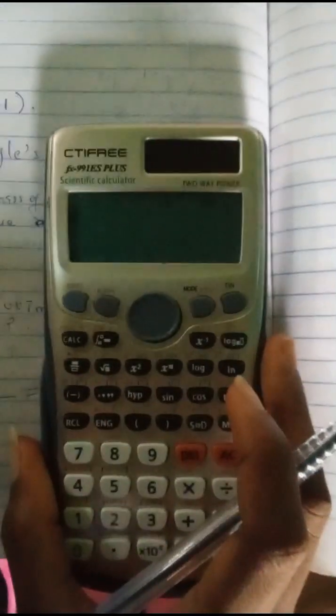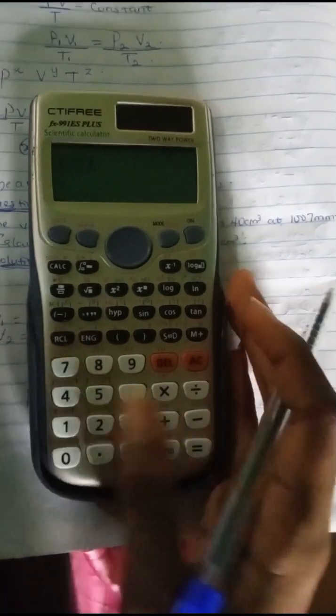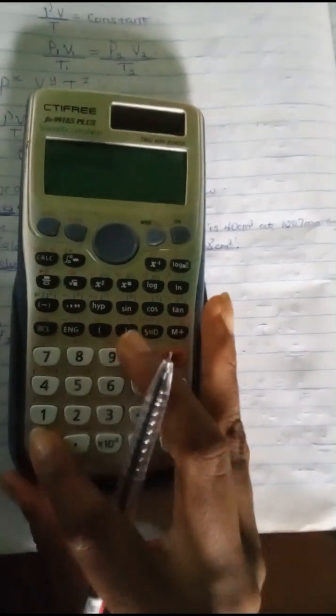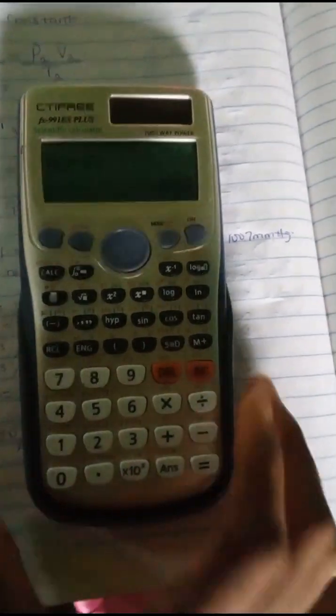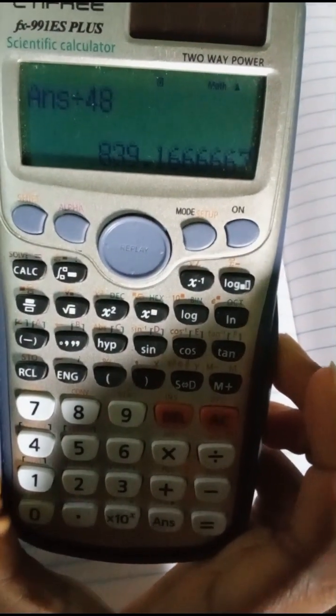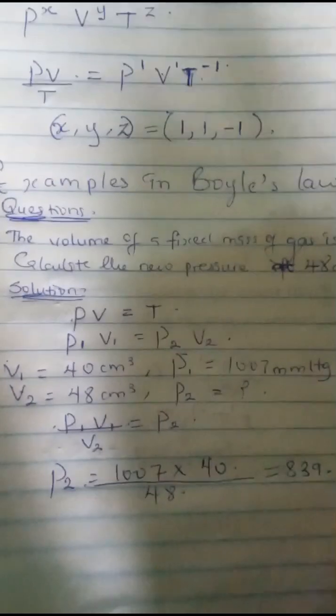So 1007 multiply 40 equals 40,280, divided by our 48 equals 839.2, approximately 839.2 millimeter mercury.